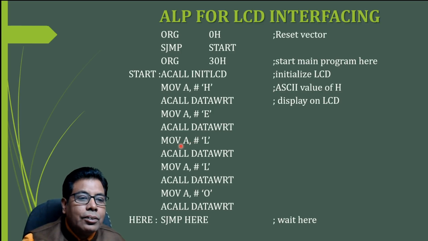Then next we load the character L into the accumulator, and again we call the data write subroutine, so that will display character L. Then again we load another L into the accumulator, and again call the data write subroutine, so that will display this L. And lastly we load the ASCII value of O in accumulator, and again call the data write subroutine, so that will display the O character.